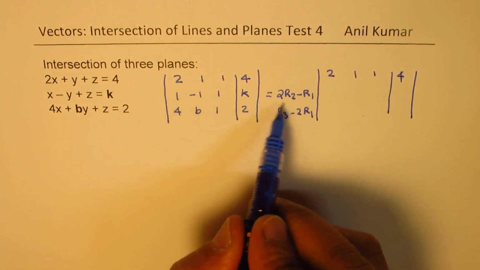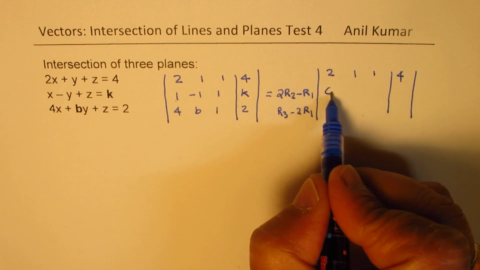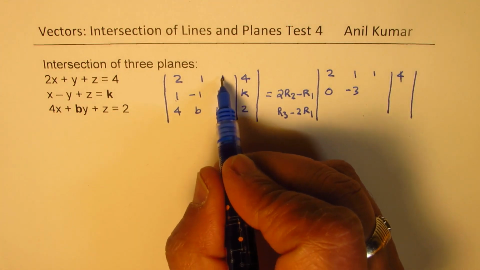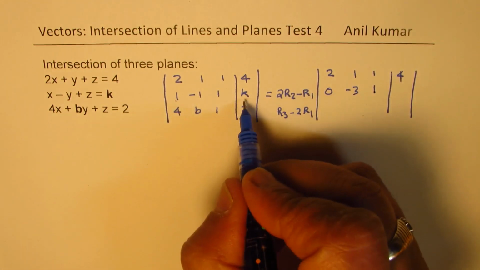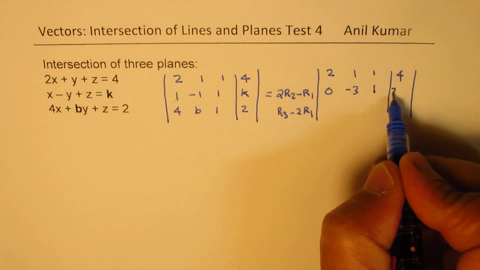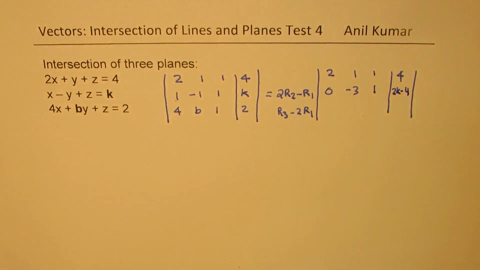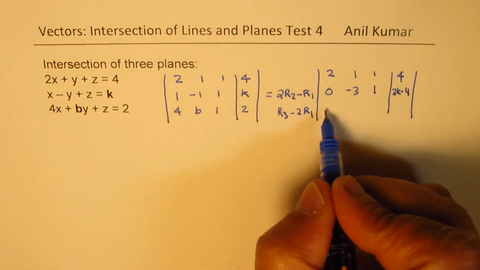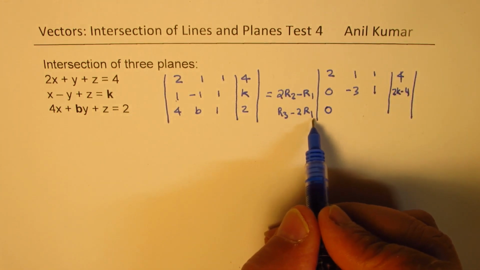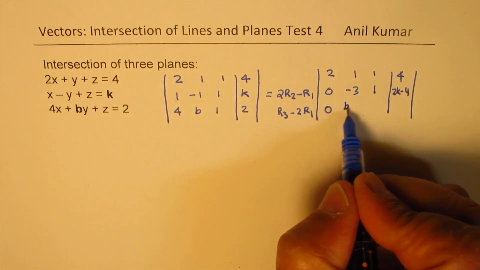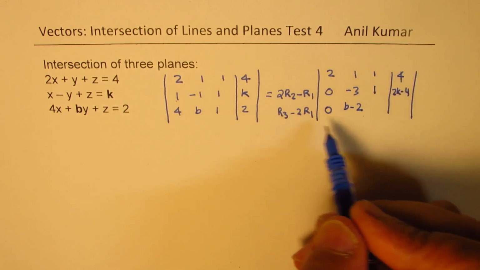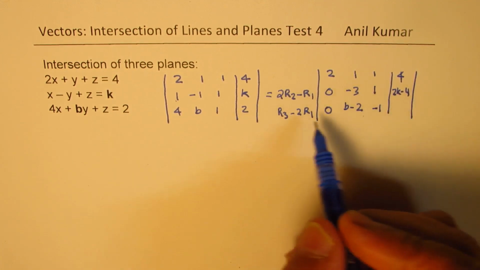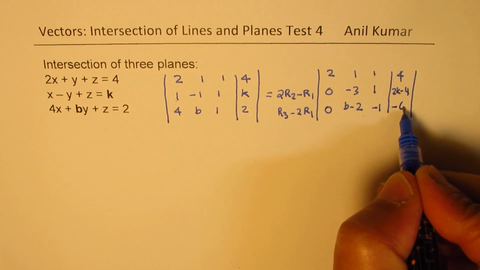Now 2 times r2, take away r1: this is 0, minus 2 take away 1 will be minus 3, and 2 take away 1 will be 1, and 2k take away 4. Correct? r3 minus 2 times r1, so when I take away 4 it is 0, then b minus 2, 1 minus 2 will be minus 1, and here we get 2 minus 8, which is minus 6.